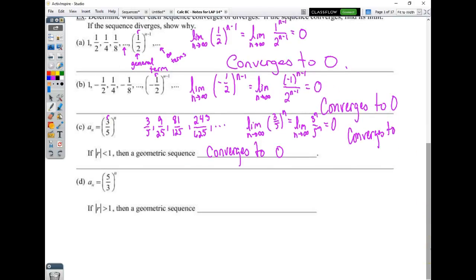What about the next one? The next problem is the same exact concept, except now what have I done with the rate? Flipped it. Now if we let the limit as n goes to infinity, we've got 5 to the n over 3 to the n. That 5 is still going to grow faster, which means that we're going to get infinite growth. This diverges.